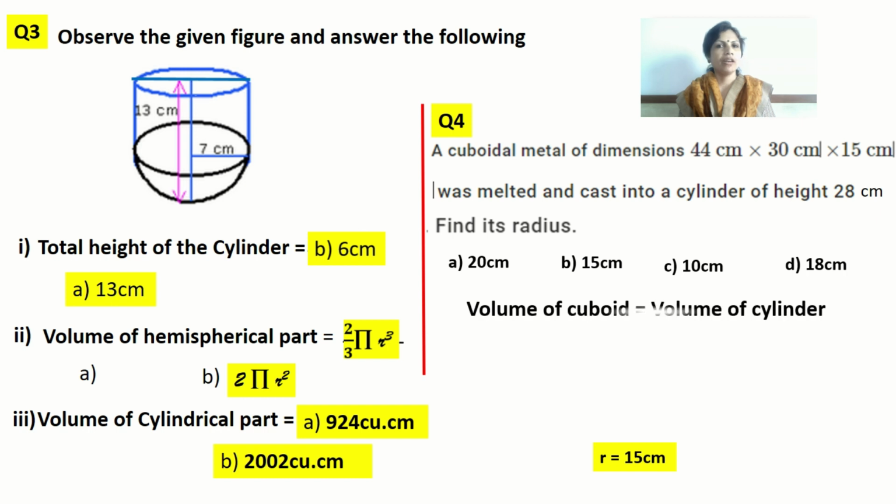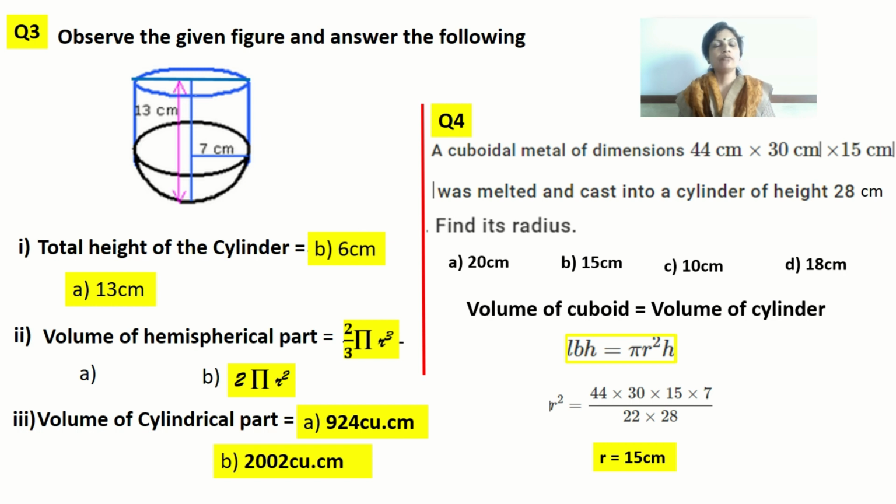Now you should be very well versed with the formulas. Cuboid is L into B into H and cylinder is pi r square H. Substitute the values, you have to find the radius. So when you substitute the values and change your formula to the radius, you get r square is equal to 44 into 30 into 15 into 7 upon 22 into 28.